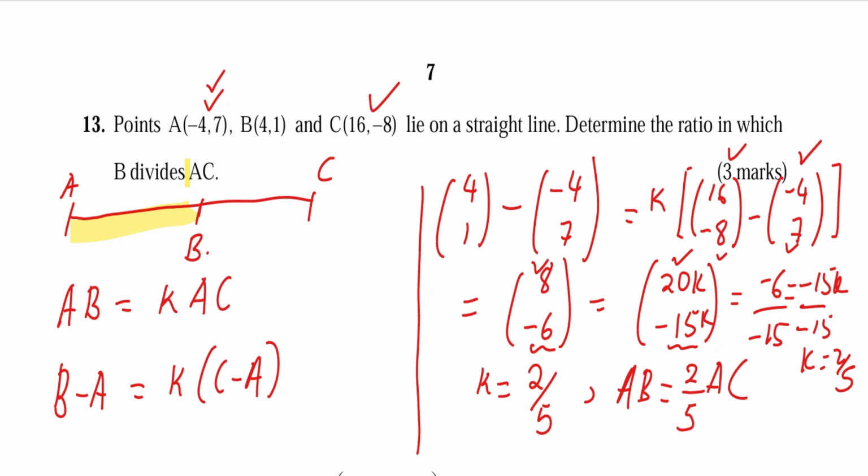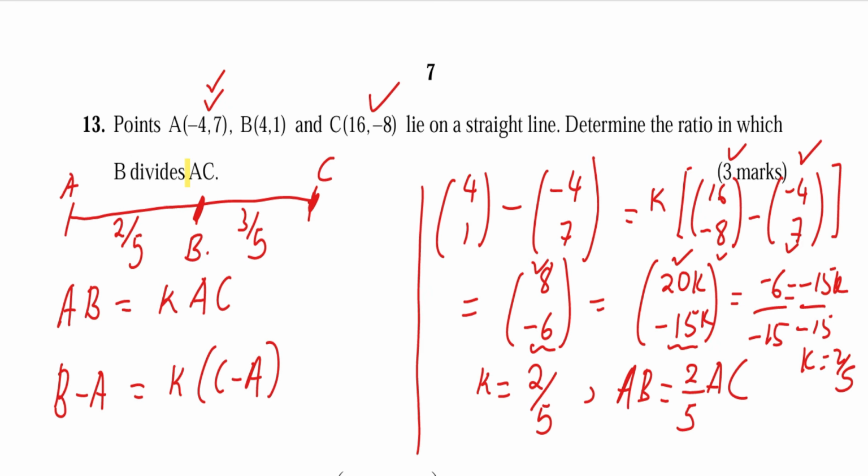So let's come back to that straight line. Okay. So as you know, AB is 2/5 of AC. So it means that from B to C it will be 5/5 minus 2/5, which is 3/5.